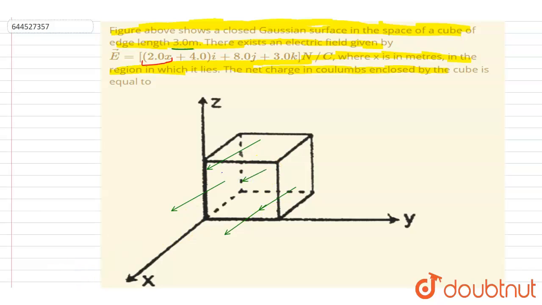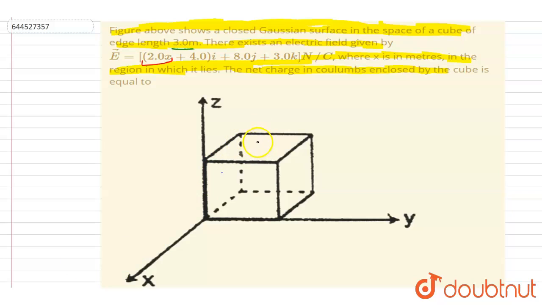If you see, the field is perpendicular to the area vector for these surfaces. You can draw the area vector for these surfaces. It will be like this, and here it will be anti-parallel. So the area vector is perpendicular for these four surfaces. Which four surfaces? Let me mark this.